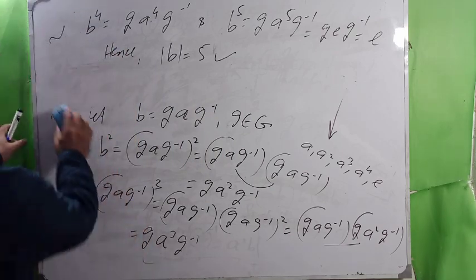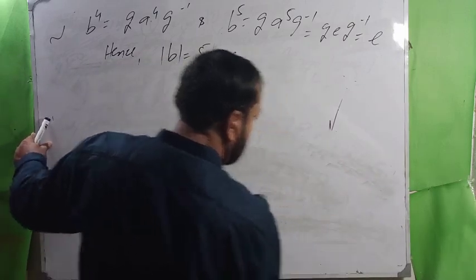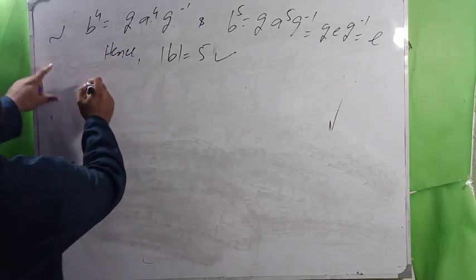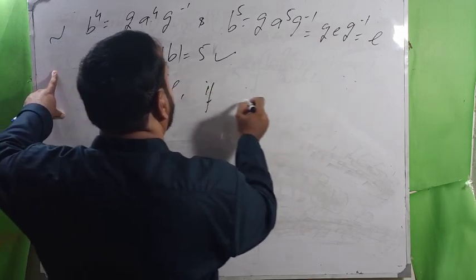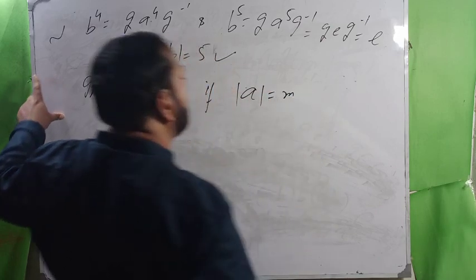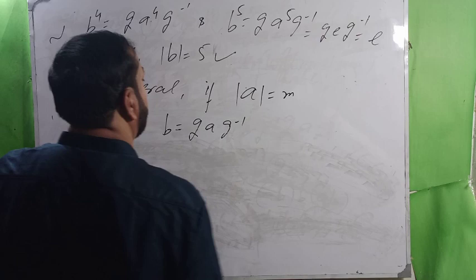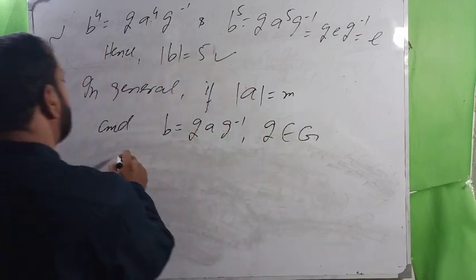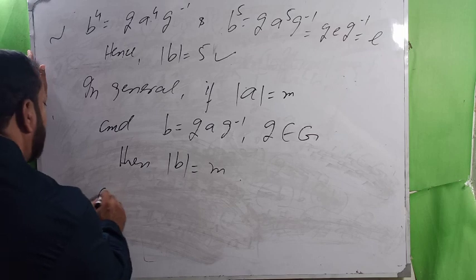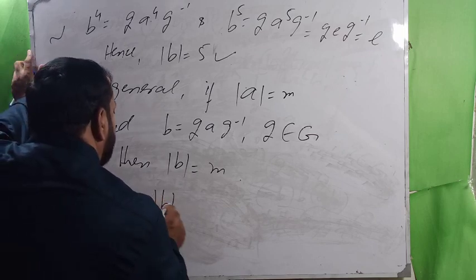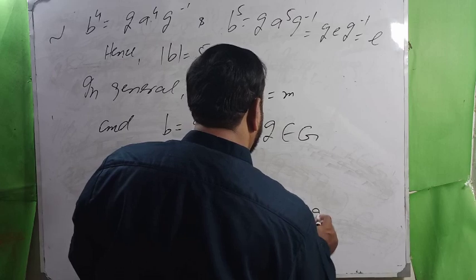In general, you can say that if the order of A is equal to M and B is equal to G A G inverse, where of course G belongs to the group, then the order of B is also M. So the order of B is equal to the order of A, provided B is equal to G A G inverse.